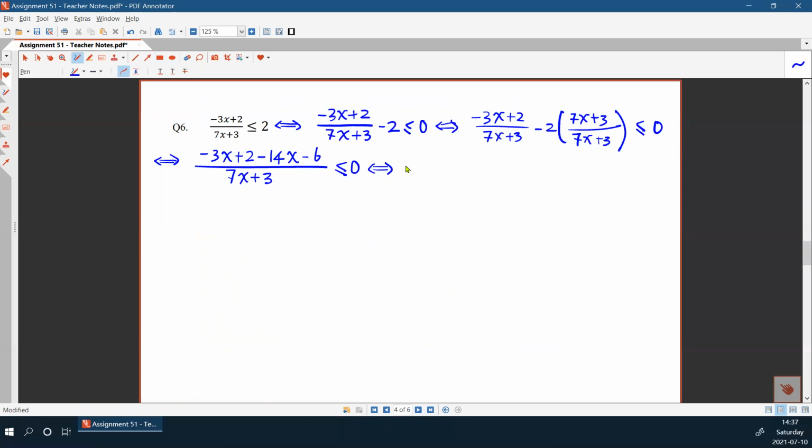And this is equivalent to minus 3x minus 14x is minus 17x, plus 2 minus 6 is minus 4, right? Over the common denominator 7x plus 3, less than or equal to 0.